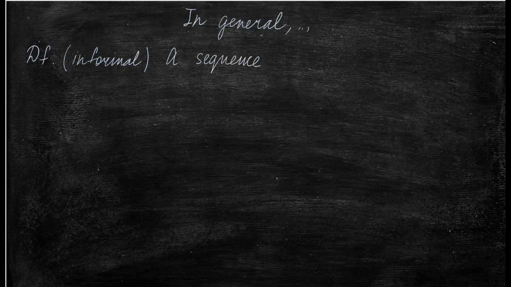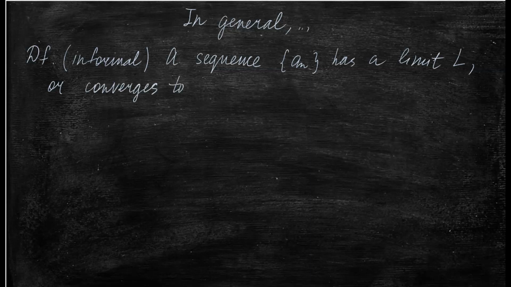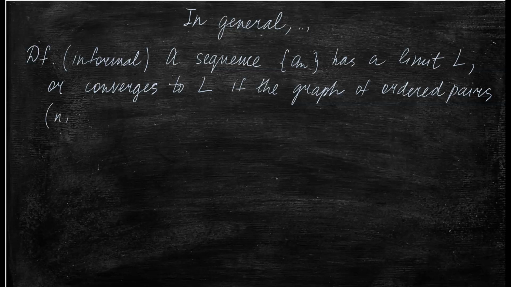A sequence a_n has a limit that we can call L, or is said to converge to L, if the graph of ordered pairs (n, a_n) has a horizontal asymptote-like behavior.